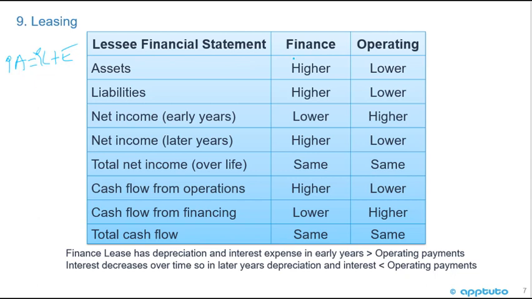So your assets are higher under a finance lease versus an operating lease where they're lower. So as I said, if your asset's going up, your liabilities are going up, so your liabilities have to be higher, okay?